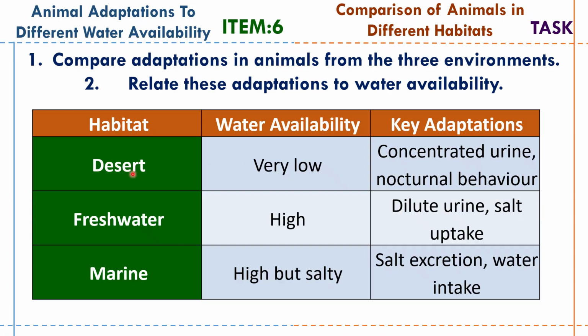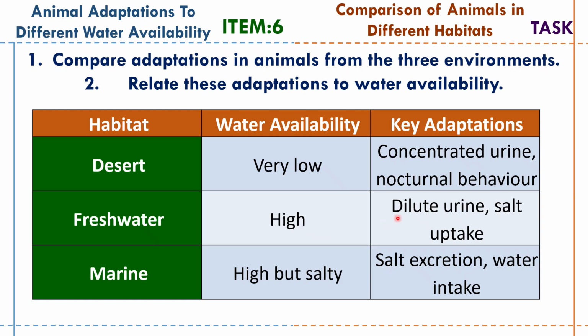We have the desert habitat. Water availability is very low. Key adaptation: they produce concentrated urine and have nocturnal behavior. In the freshwater habitat, water availability is high.